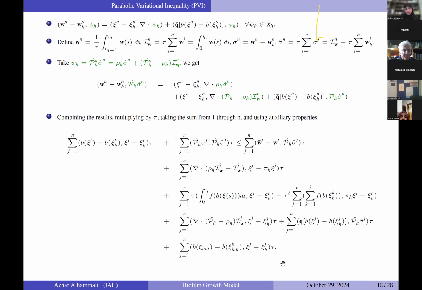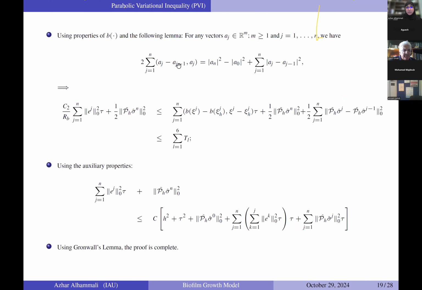We get this inequality. Now we need to estimate each term on the right-hand side and on the left-hand side. The left-hand side can be estimated using the properties of B and this lemma, so we get this inequality.